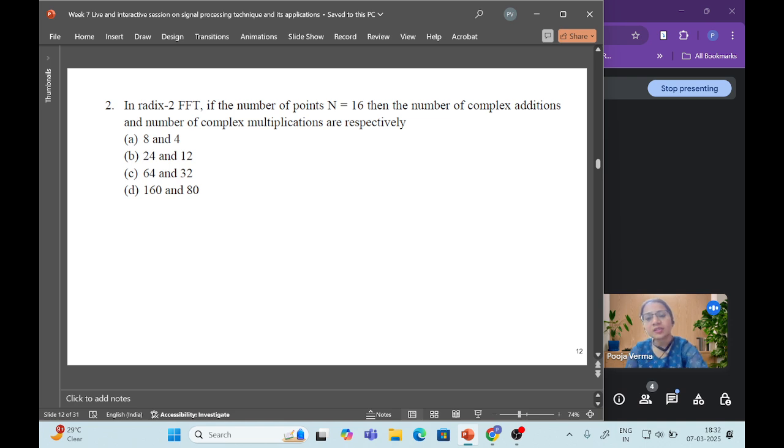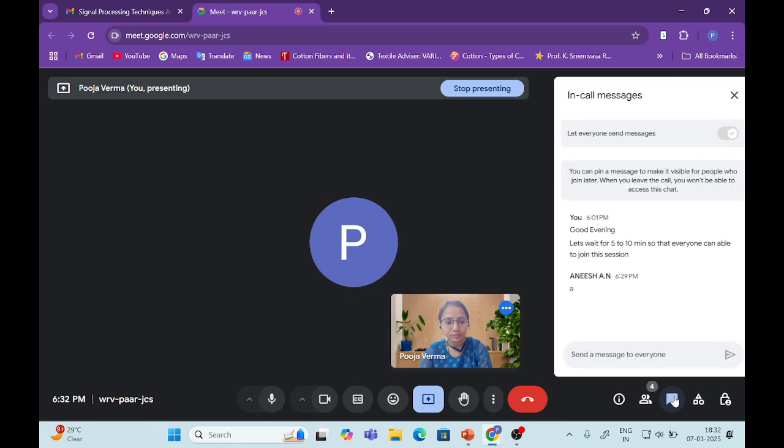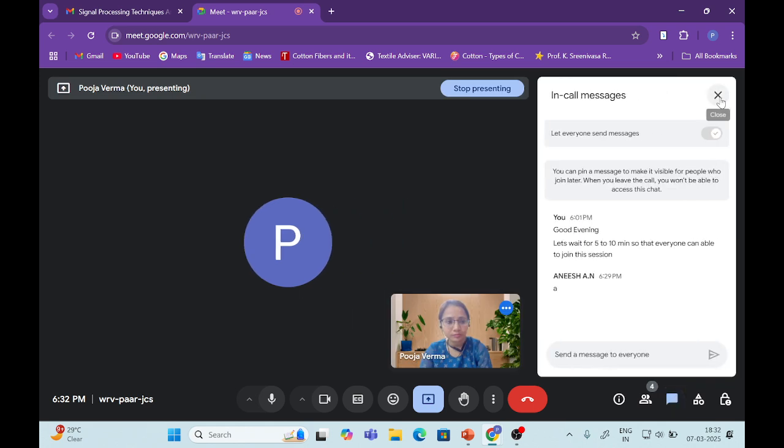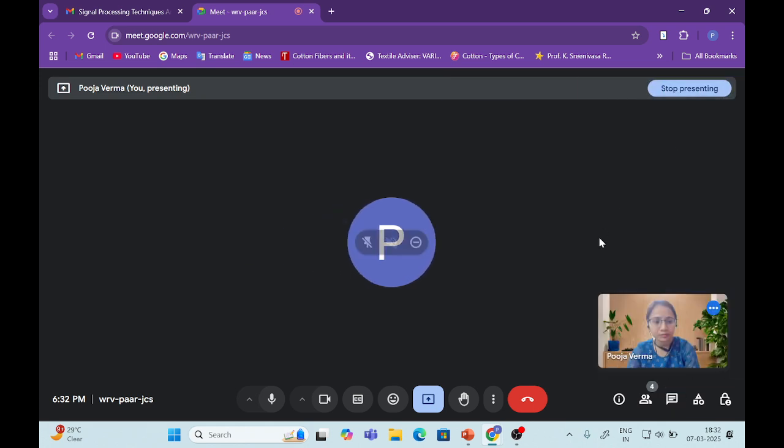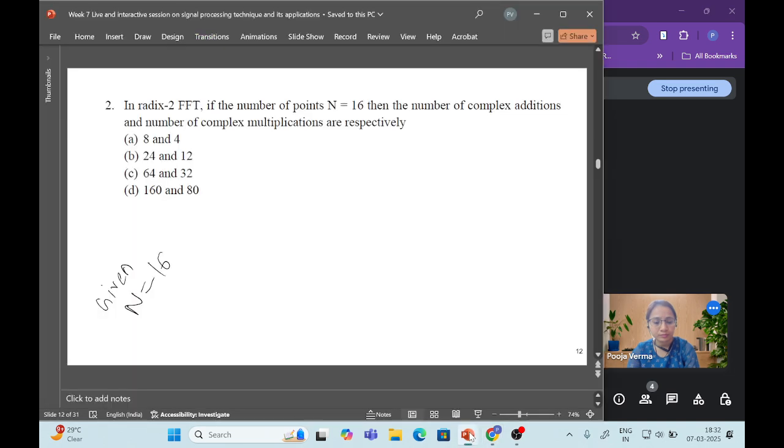So for radix 2 FFT, if N is equal to 16, how many complex additions and multiplications are required? Can you answer for this question?